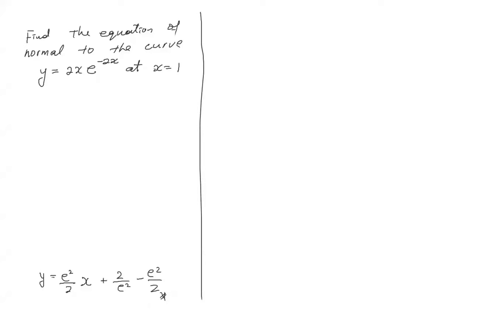First step, we must differentiate it, correct? We get the slope function first. To get the slope function, we must use the product rule, right? So I can just leave the 2 outside.